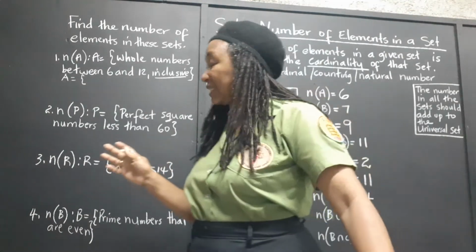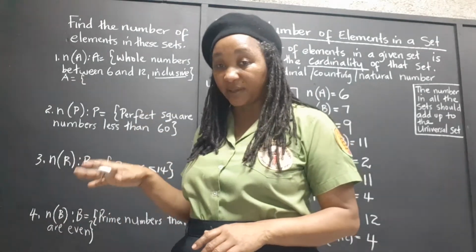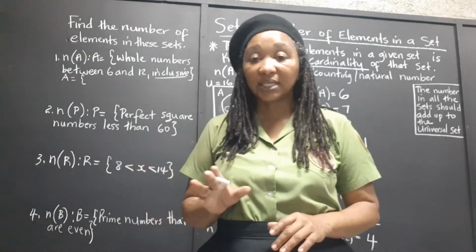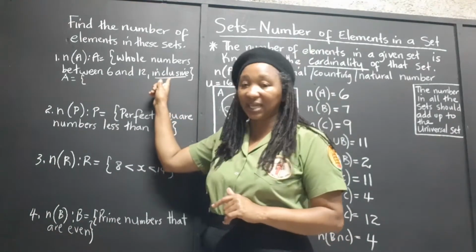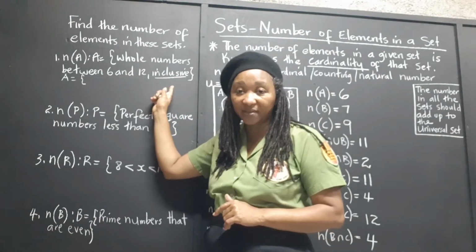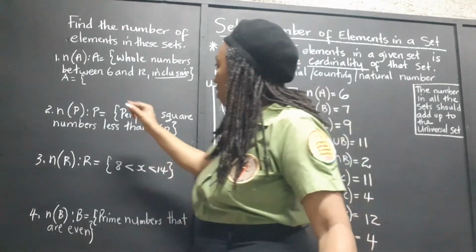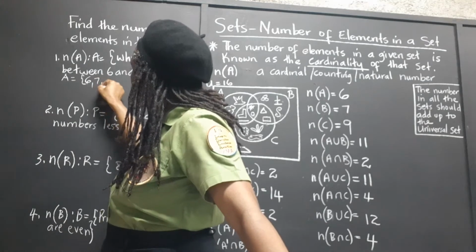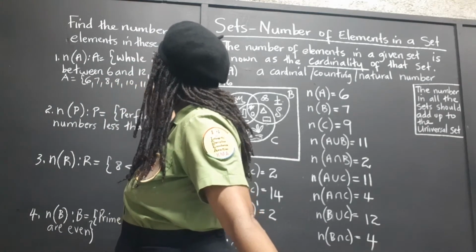Or if it had said whole numbers between 6 and 12 exclusive, so they're telling us do not include 6 and 12, just the ones in between. But because it says inclusive, we are going to include the 6 and the 12. So whole numbers 6, 7, 8, 9, 10, 11, 12.